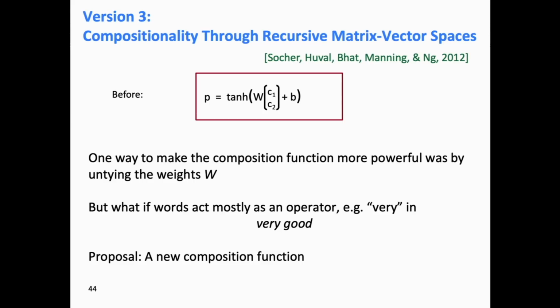And there are various ways that you could think about doing that, and other people have had a couple of different attempts. But essentially what was in our head is, well, we have word vectors, and if we want to say that very takes the meaning of good and returns a new meaning, the kind of obvious thing to do is to say very has a matrix attached to it, because then we could use the very matrix and multiply it by the good vector, and we'd get a new vector coming out.